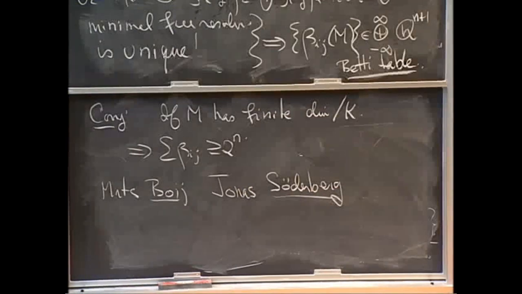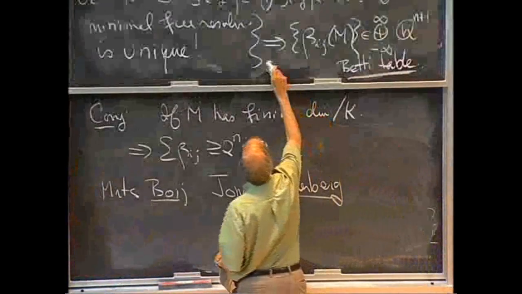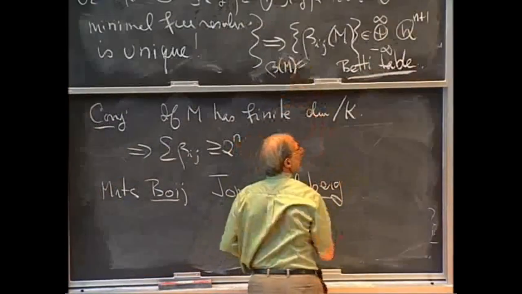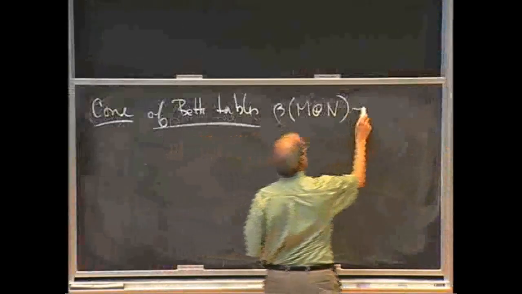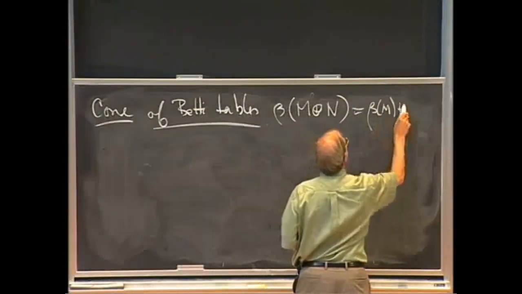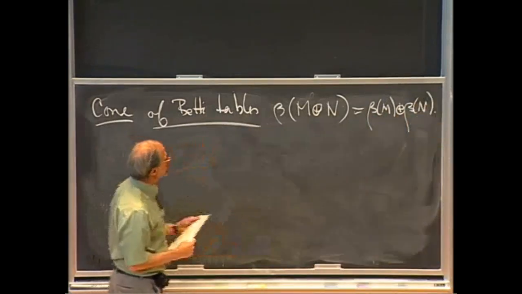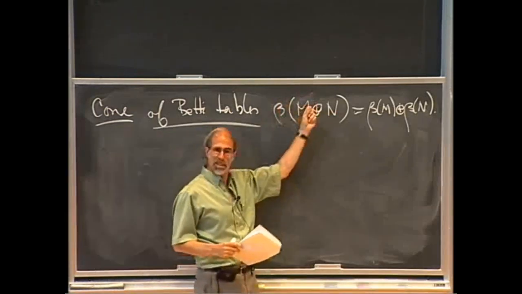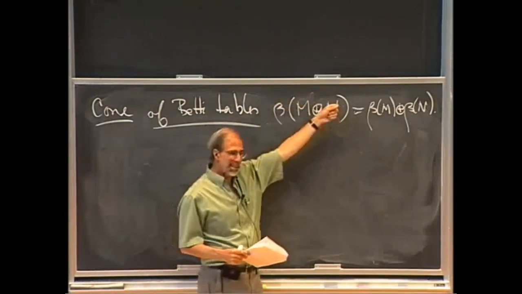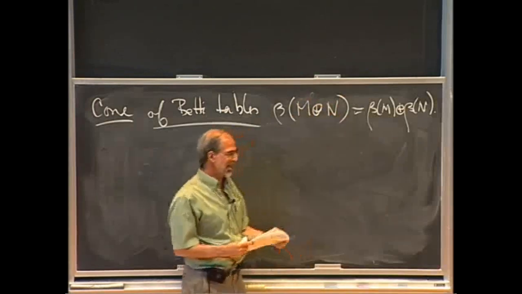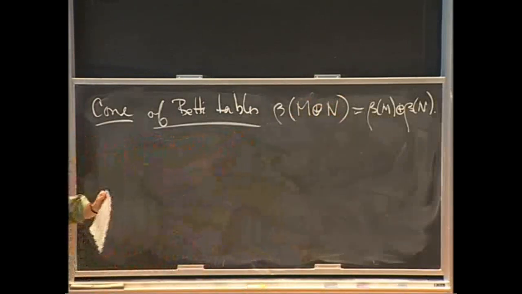But first let me say that the Betti table of M plus N, I'll call this beta of M, beta of N. Beta of M plus N is beta of M plus beta of N. By the way, if you have extensions, if you don't take the direct sum but some short exact sequence with an M on one end and an N on the other end, then you get a kind of sub-additivity. So that'll stay inside the cone of the things they generate. So that also adds a little interest to the cone.